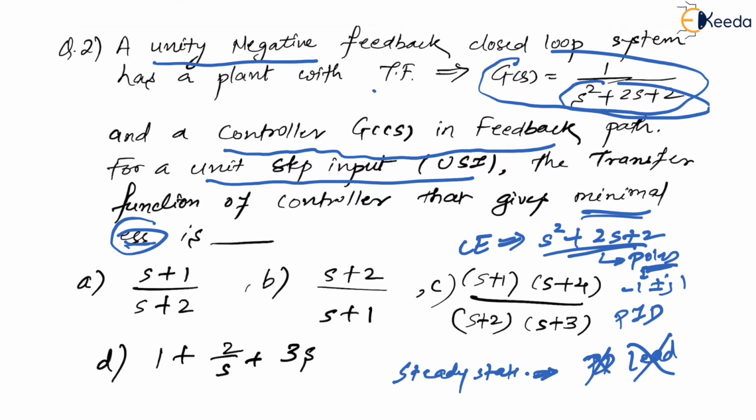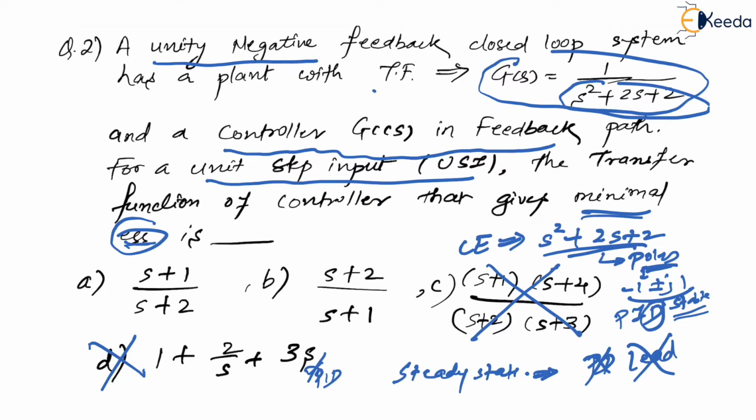This means that the system is itself stable, which means that we do not need the derivative component. This means that either we need PI or we need lag, which means this D will not come, because D is a PID controller. This one is a lag-lead, so C is also cancelled.